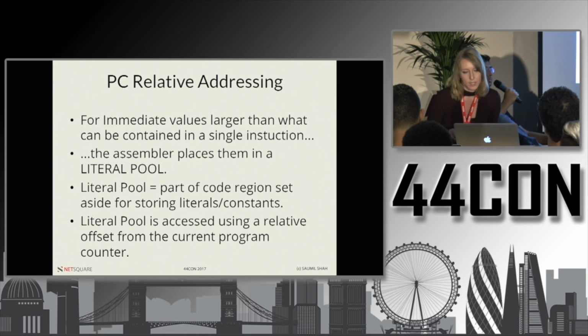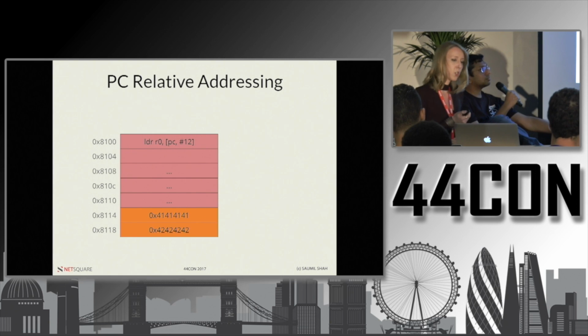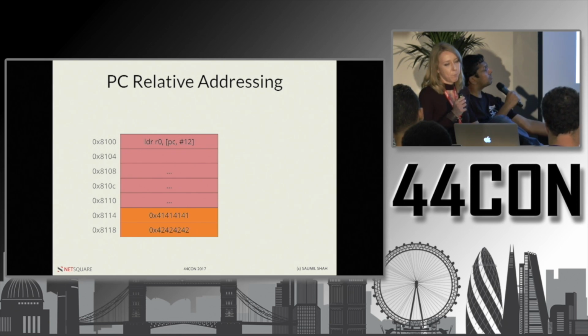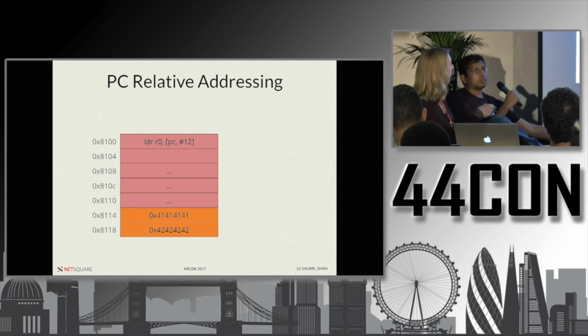It's not in the slide right now, but let's look at an example. Let's say you want to place a string or a constant into the literal pool. Now, you need to access it somehow. How do you access it? For that, we need PC relative addressing.